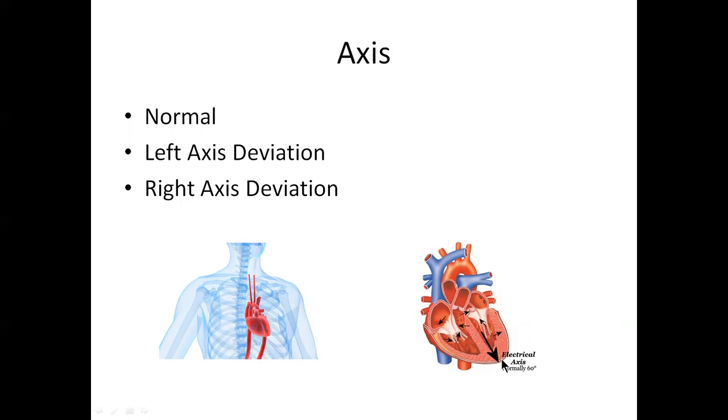So the current that is generated by the left ventricle is more than the rest of the heart in a normal heart. So the majority of the current is going this way. And that's what we call the electrical axis. And it's normally around 60.